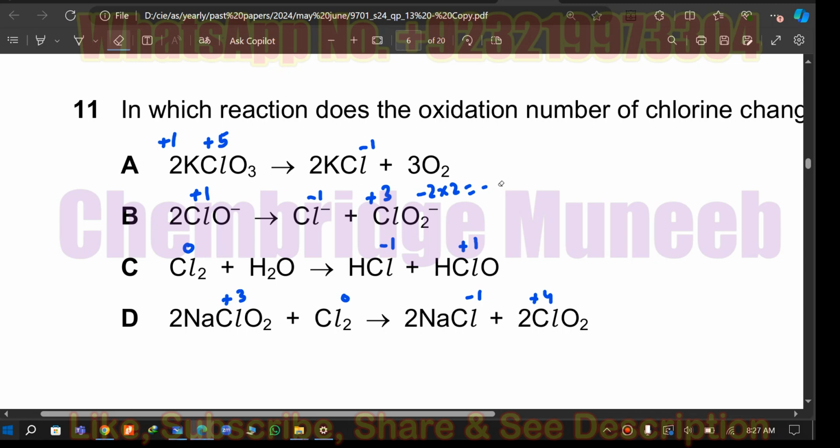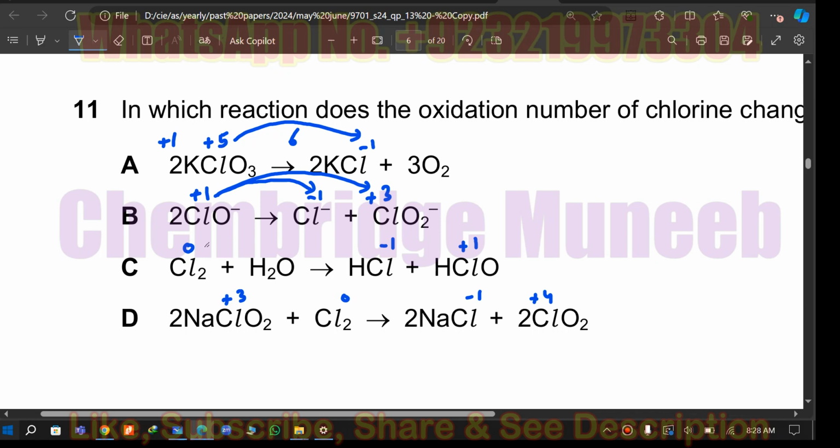Alright, I have shown all the oxidation numbers of the chlorine in all these options. Now we need to check the largest change in the oxidation number. So here you can see that this +5 is converting into -1, so it means there is a change of 6. From here you can find the change is from +1 to -1 over here, and it is +1 to +3 over here.